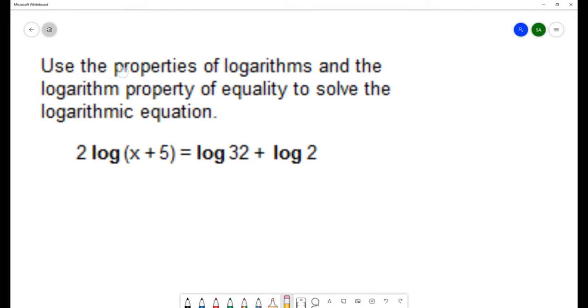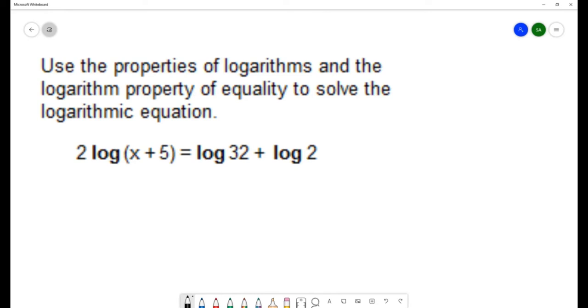I want to use the properties of logarithms and the logarithm property of equality to solve the logarithmic equation. So let me state a few of the properties that we're going to use to help us with this question. I notice that I have a 2 as a coefficient to this log, so we're going to use a property that we call the power rule.